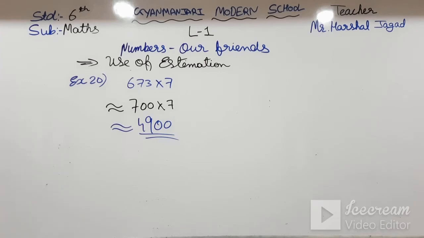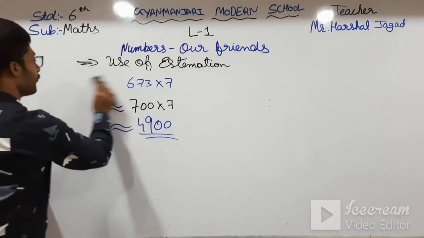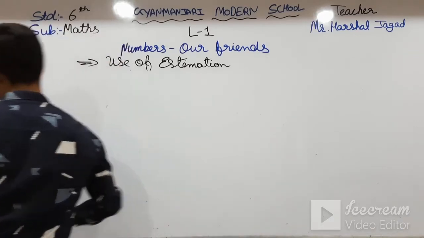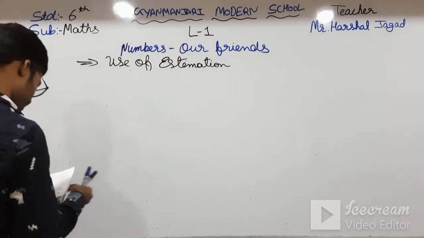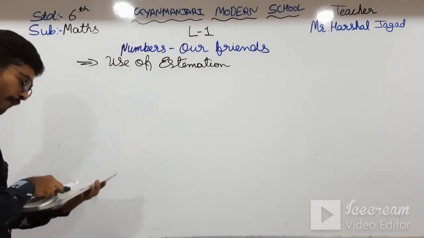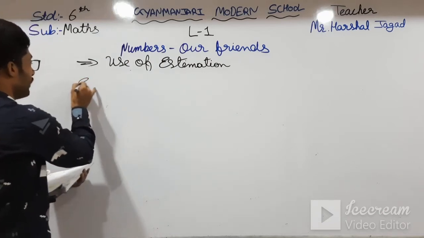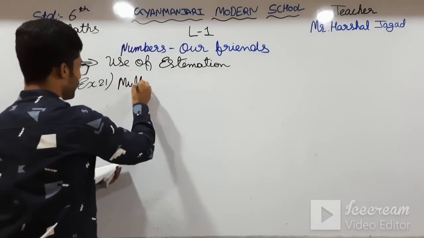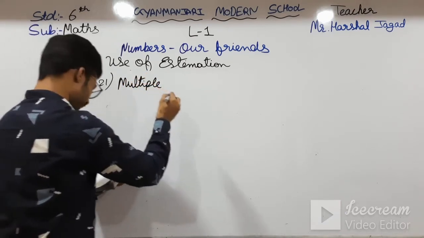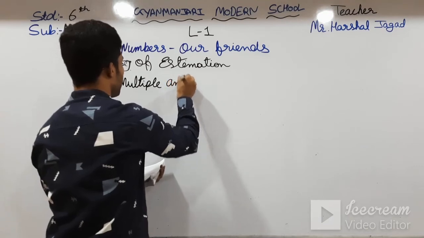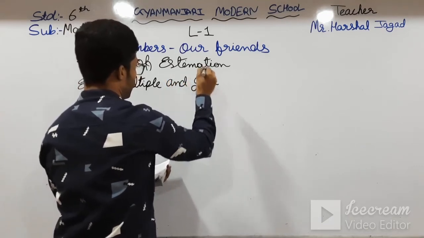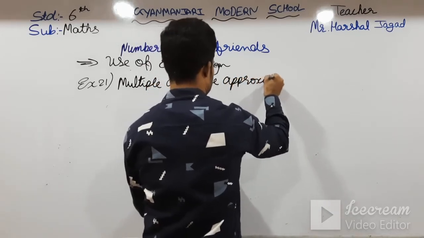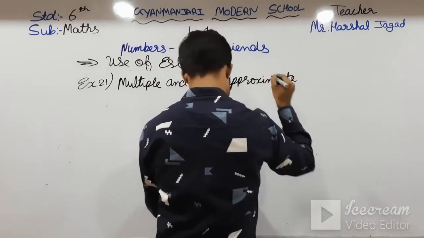Now we go to example number 21. Multiply and give the approximate answer.